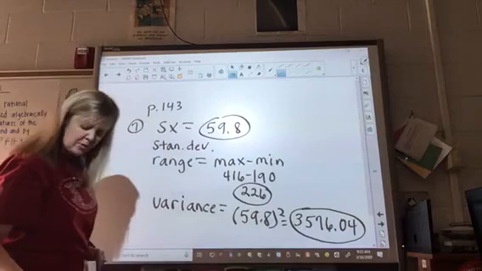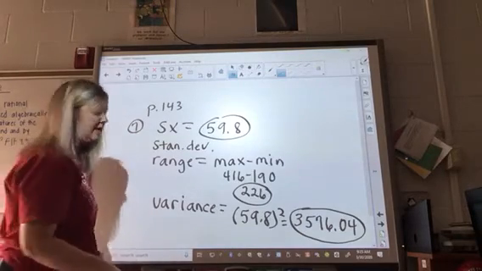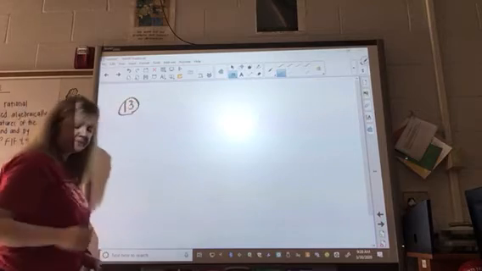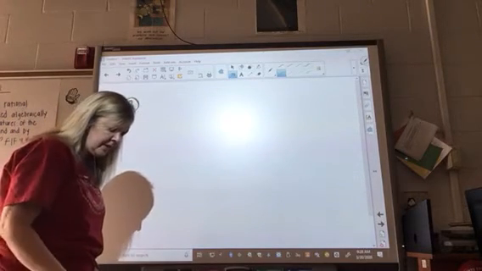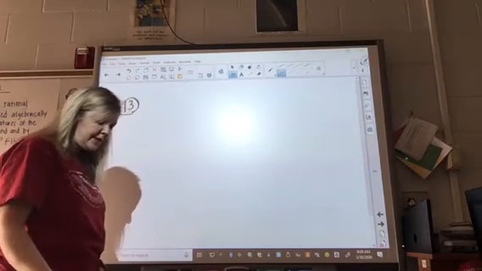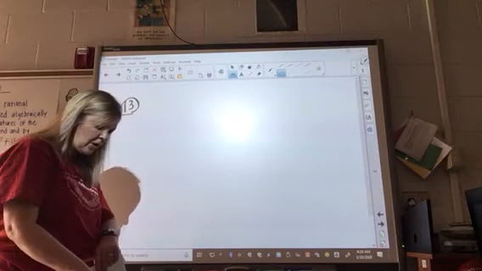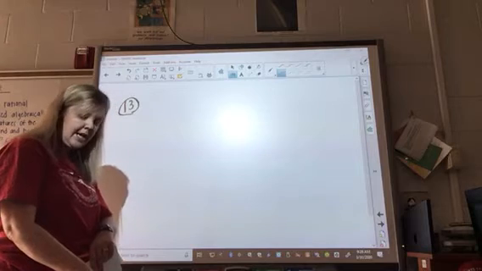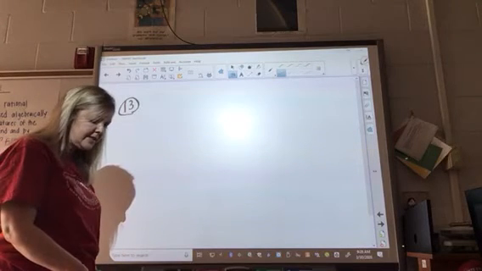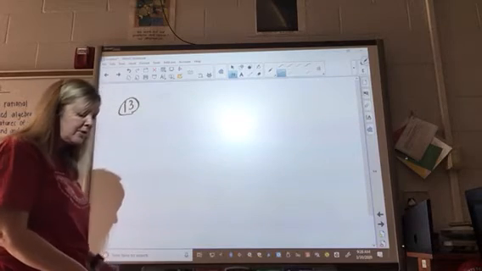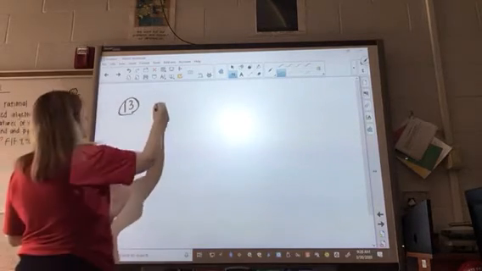Let's look at number 13. 13 says the average age of U.S. astronaut candidates in the past has been 34, but candidates have ranged in age from 26 to 46. Use the range rule of thumb to estimate the standard deviation of the ages.